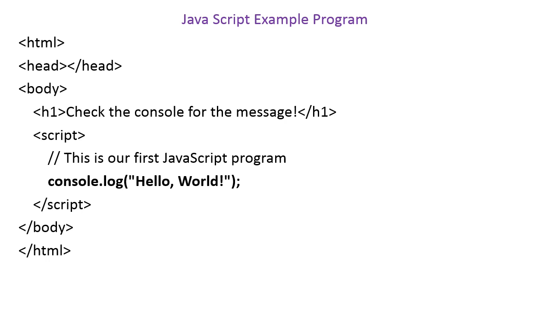Here we have used the script tag to include JavaScript code inside the HTML document, and the console.log function is used to print messages to the browser developer console. After running this program, you can save it and open it in the browser. You can see the hello world message.